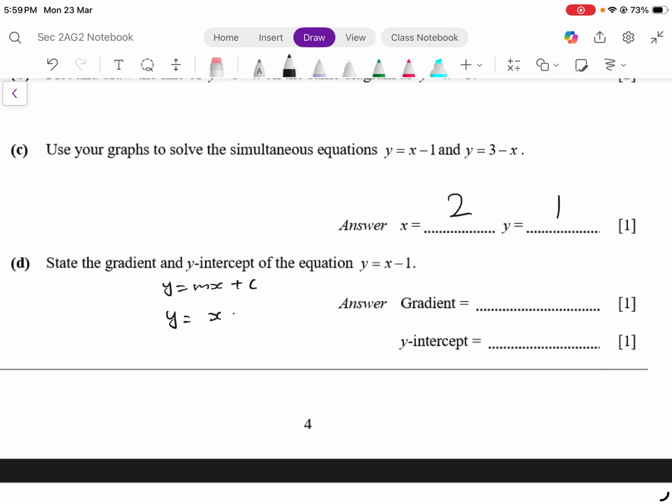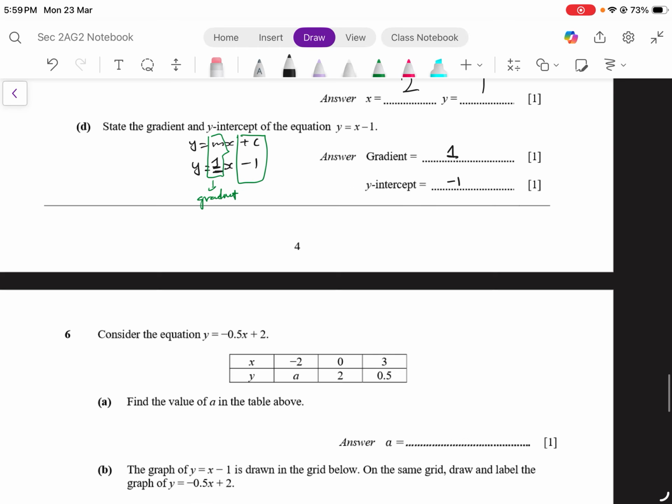If you compare the two, your m equals 1, your c equals minus 1. m is your gradient, so the gradient is 1 and the intercept will be minus 1. That's it for this question.